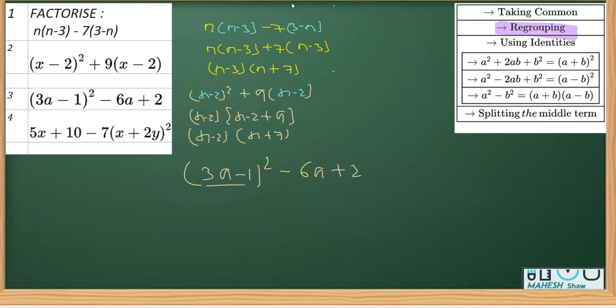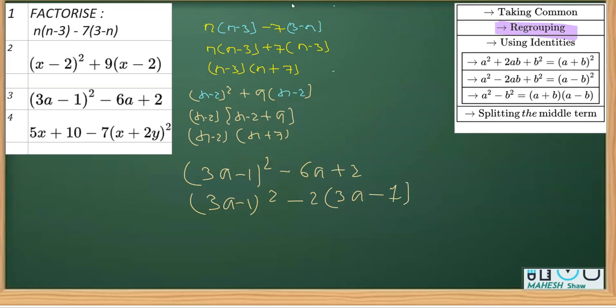We can obtain 3a − 1 here also if we take −2 common. So let's write this part as it is, and if I take out −2 as common from these two terms, dividing by −2 we get positive 3a, and dividing this by −2 we get −1.